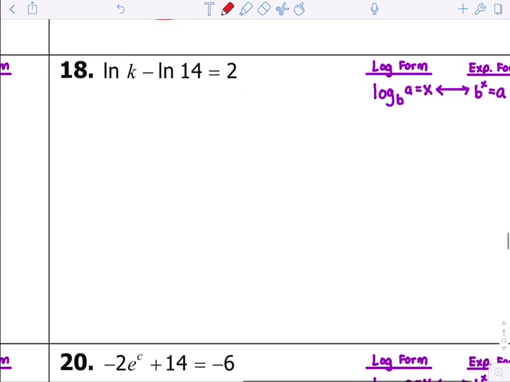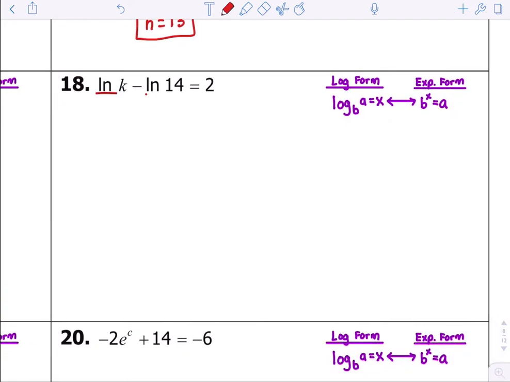Alright, over here. So first we just want one natural log over here, so we're going to just do quotient rule. So natural log of k divided by 14 is equal to 2. So we have a natural log and it's equal to a number, so let's change it to log form and then we'll make it to exponential.